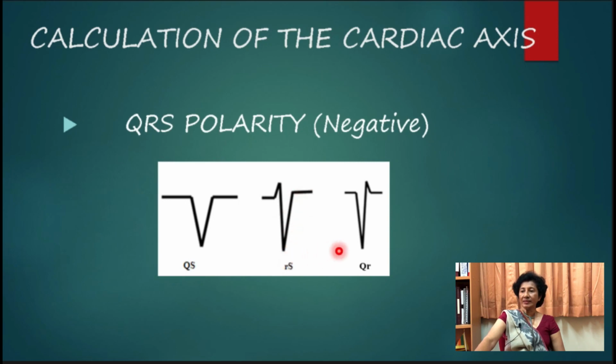Coming to the third complex, you can see dominant Q wave with low amplitude R wave. So this is termed capital Q simple r complex. In this complex, QRS polarity is negative and the vector of the QRS complex is again downwards.